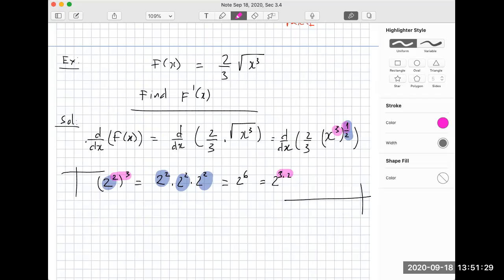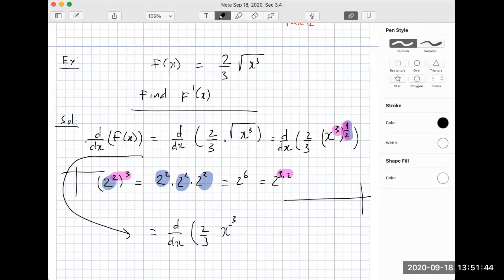x cubed times 1/2, which is, it means that we just continue from here. It is d over dx of 2 over 3 and x to the 3 over 2, right? Now, it is x to a number. The derivative of this will be the constant, we can take it out.